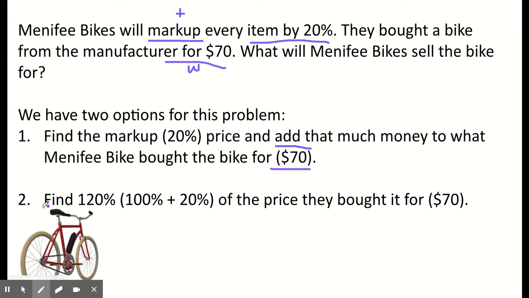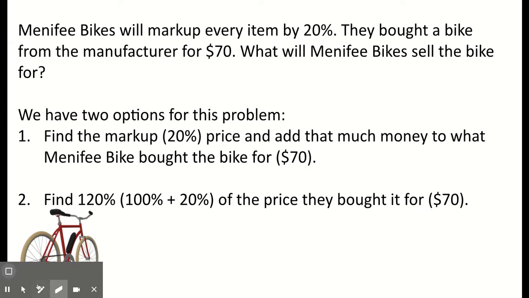The other way to do this is to find 120%, which is adding 20% of the price that they bought it for. Remember, the $70 is the whole amount. It's important to remember. All right, let's go ahead and move on.